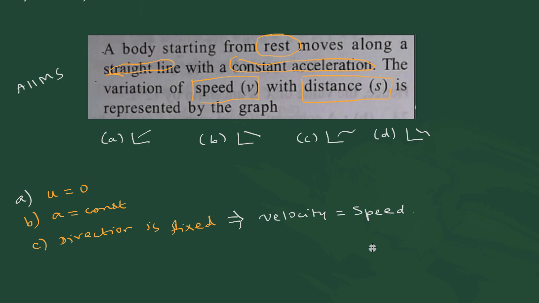Velocity has 2 components, one is magnitude and another is direction. You remove the direction, then only magnitude is left out. That magnitude is called the speed. And we will represent the velocity or speed, everything by a small letter v. So it can be velocity also v, speed is also v. This is the point to be noted when the direction is fixed.